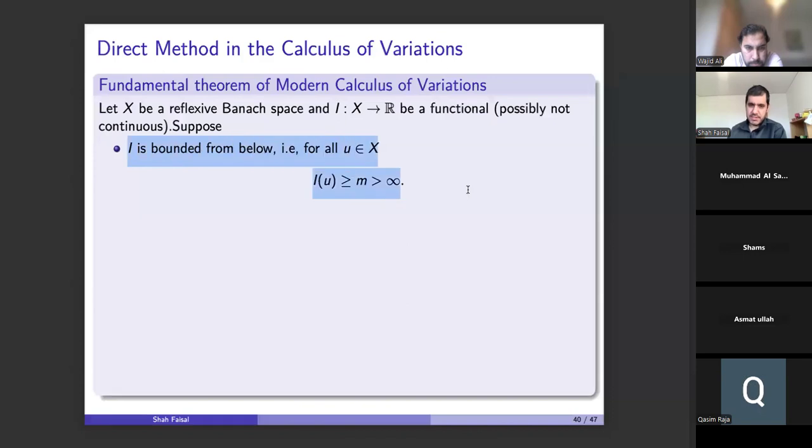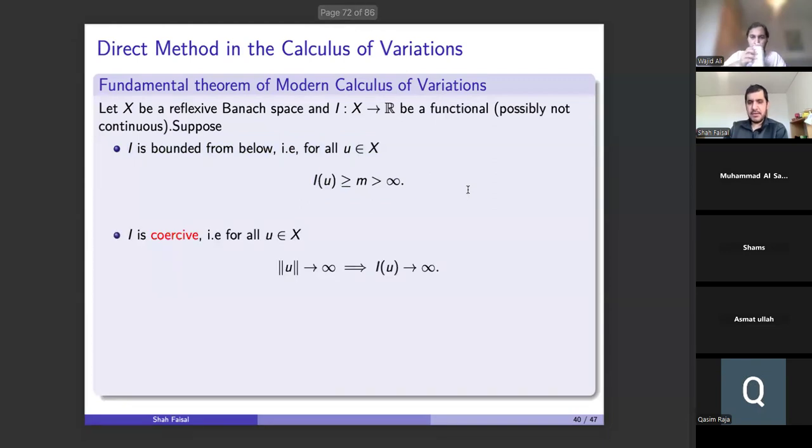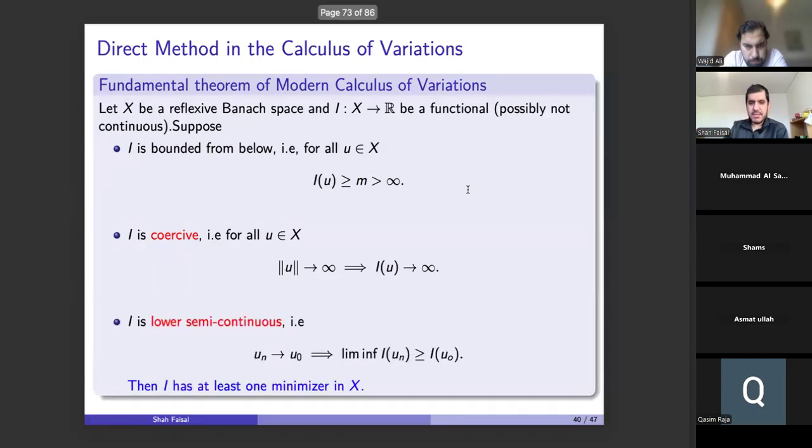But we just assume that it is bounded from below, because otherwise there is no way to find a minimizer. And you assume that the function grows near infinity, because the compactness is not there on the domain. So you assume this, and if it is lower semi-continuous, then it would have at least one global minimizer.